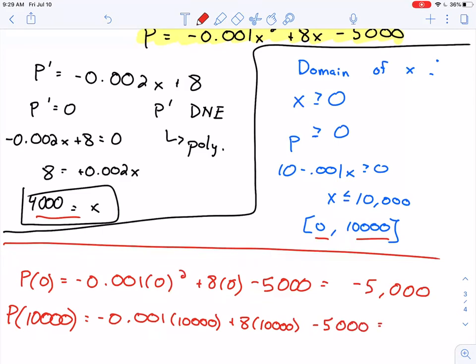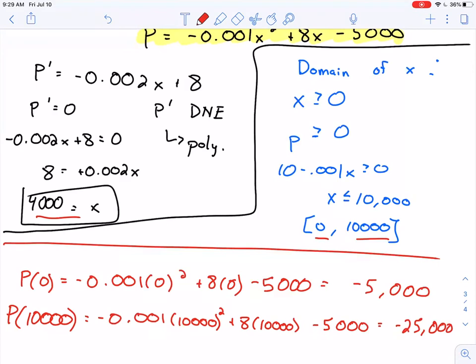I forgot to square this, so I will have to crunch these numbers real quick here, so bear with me. Oh boy, guys. This is even worse. I have a profit of negative $25,000.